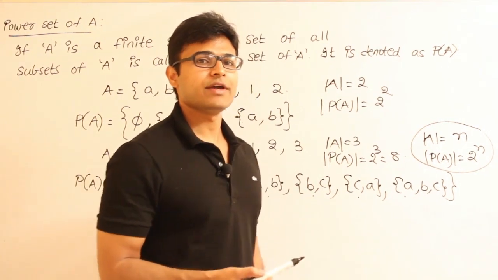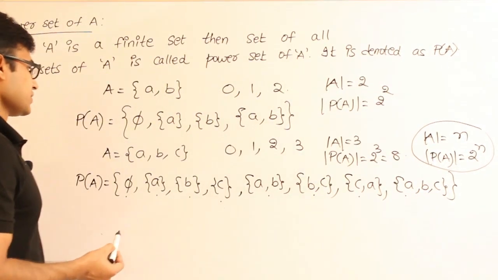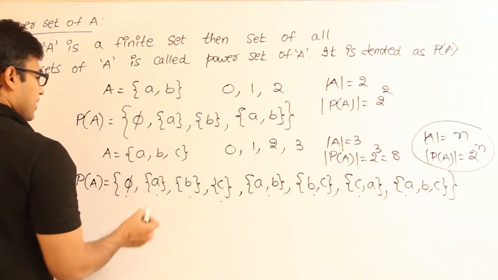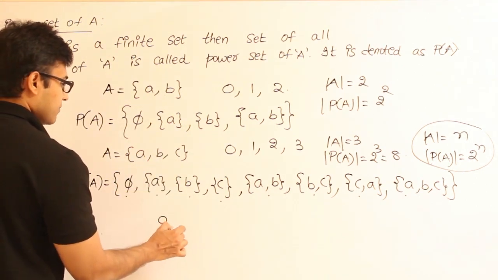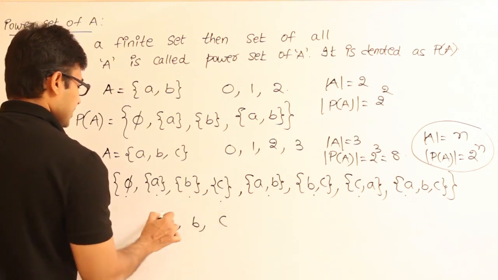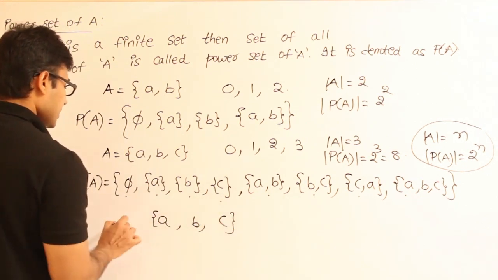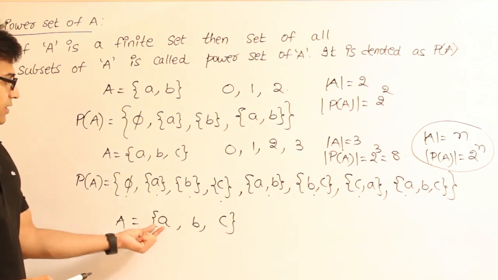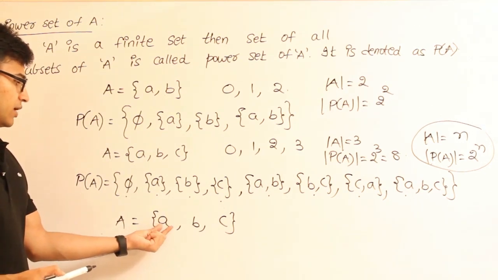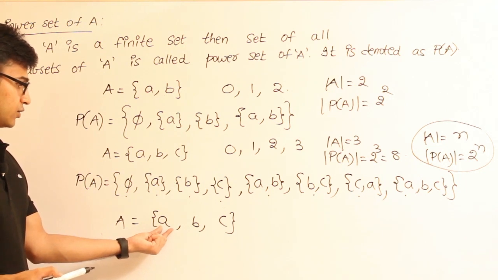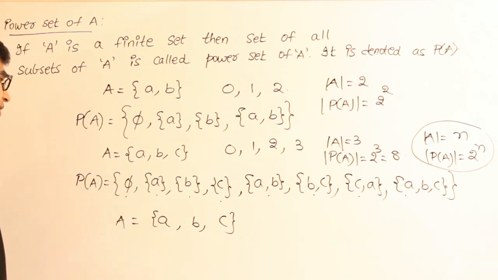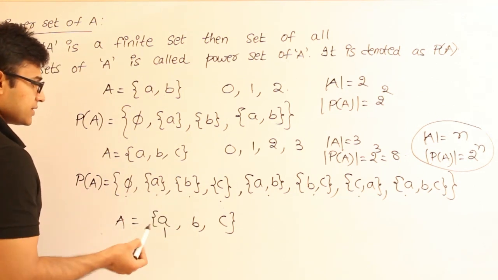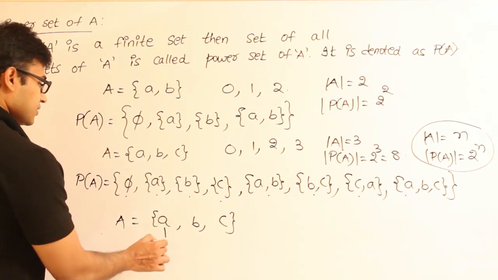If you want to see why it is so, just observe this. Let's take this example only. If you have 3 elements a, b, c in a set, then each element will give rise to two chances. Either this element can be present in a subset or it may not be present in a subset, right?